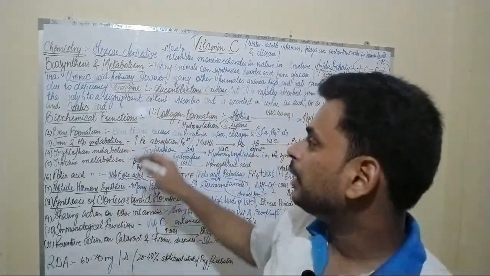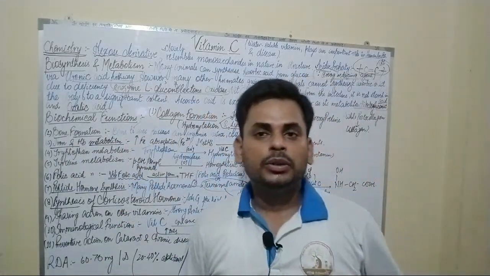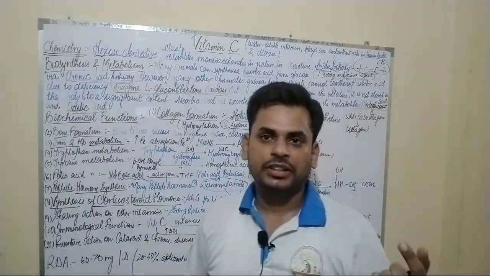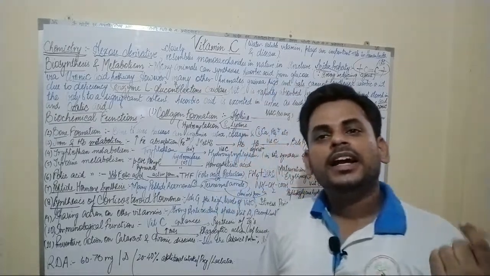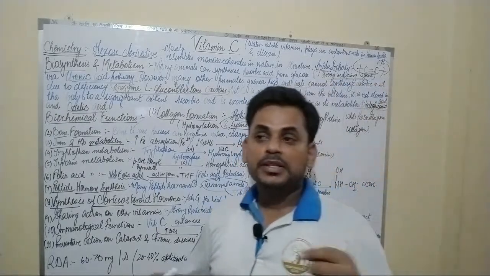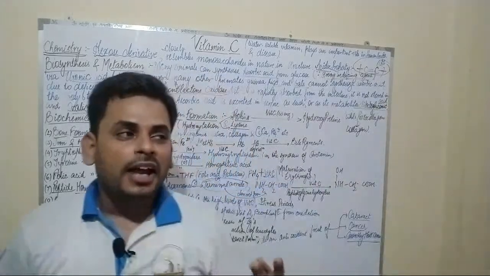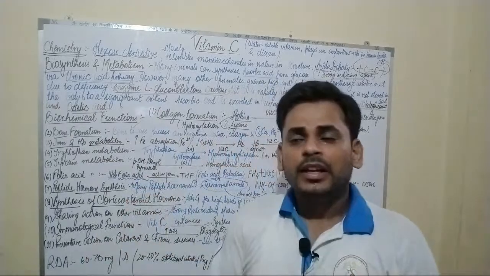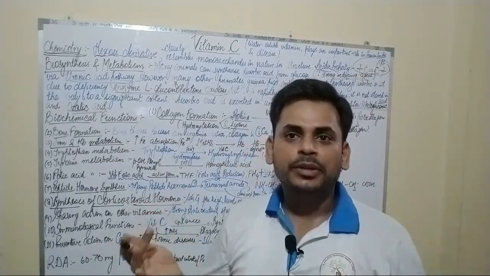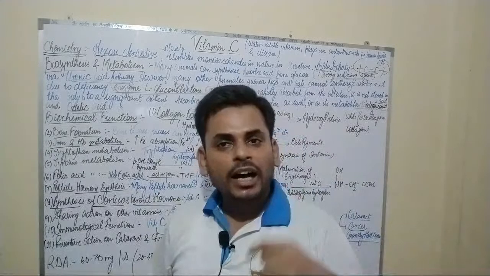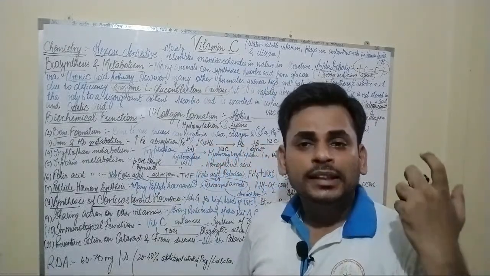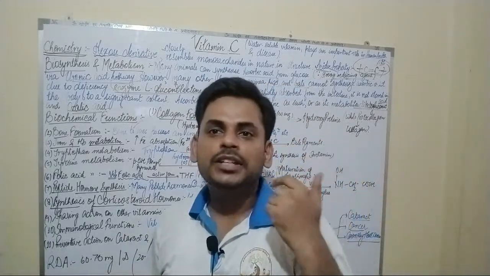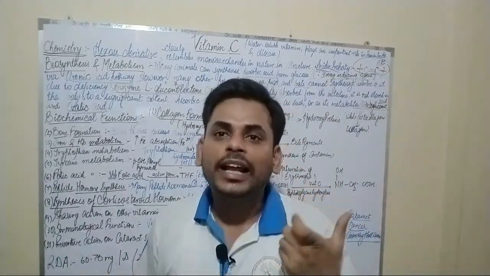So students, beginning with the biochemical functions. One of the first and most important biochemical functions of vitamin C is collagen formation, because nowadays this is the cosmetic era and vitamin C is being emphasized by cosmetologists and beauticians. They emphasize things related to vitamin C because collagen formation is very important for healthy skin.